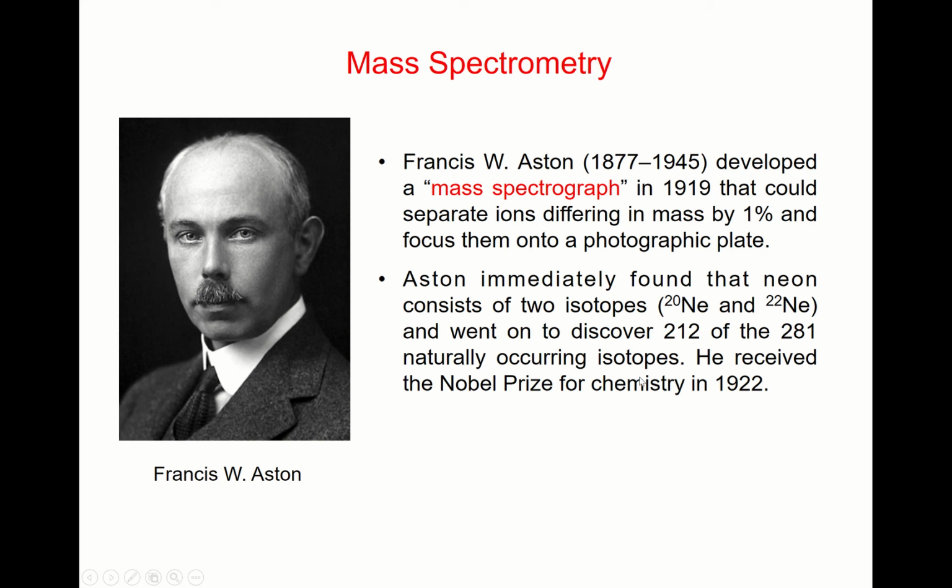Wow, it's amazing. Using this technique, he could discover this many out of 281 naturally occurring isotopes. He almost identified every isotope. For this work, he received the Nobel Prize for Chemistry in 1922. This is how mass spectrometry started.